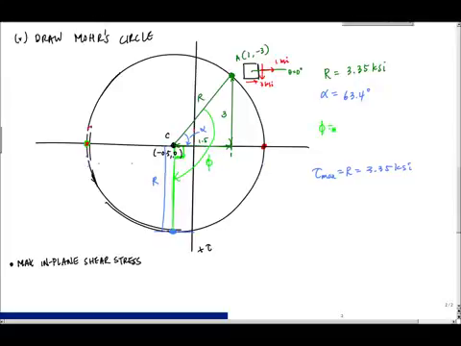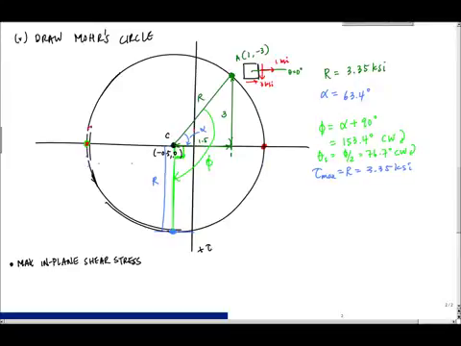This angle phi is equal to alpha plus 90 degrees, which in this case is 153.4 degrees. This is the angle I need to rotate clockwise in Mohr's circle. In real life, the angle theta s would just be phi divided by 2, which is 153.4 divided by 2, 76.7 degrees clockwise in real life for my representative volume element.